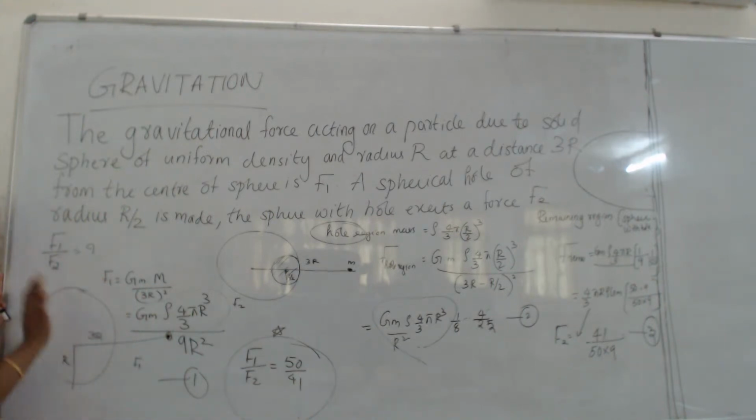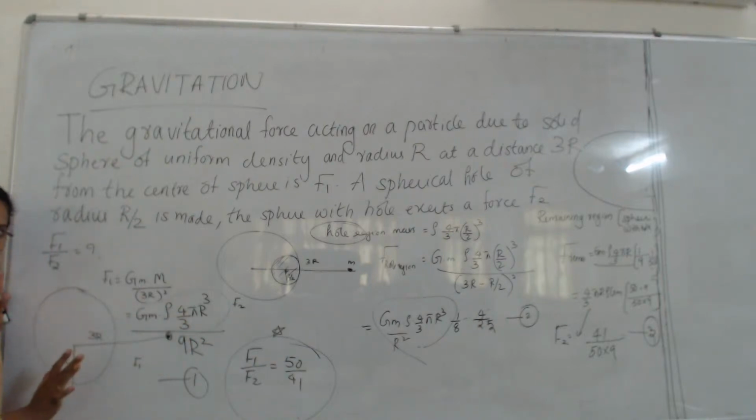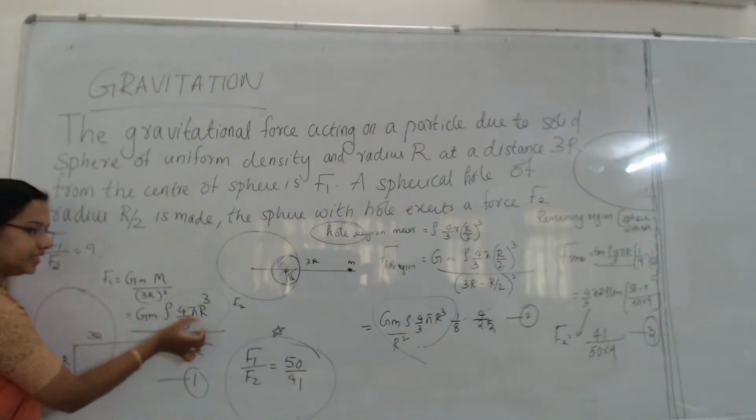That is simply G m1 m2 by r square. But here the problem is, they have given a small portion that we are taking out, and it is of uniform density. So I am just writing the mass in terms of density, nothing else. Mass is density into volume.